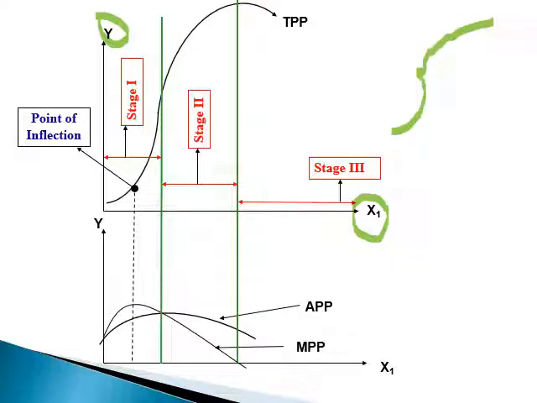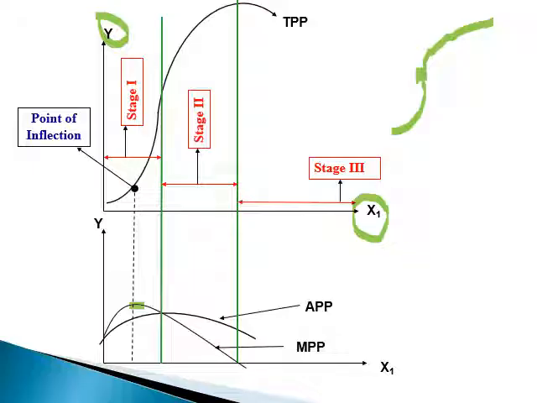And this will be the inflection point, but it doesn't look correct here because all of them look the same. But anyway, the inflection point corresponds to the level of x1 where MPP of x1 is the highest, as you can see here.